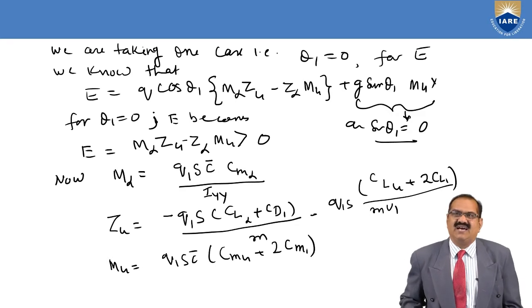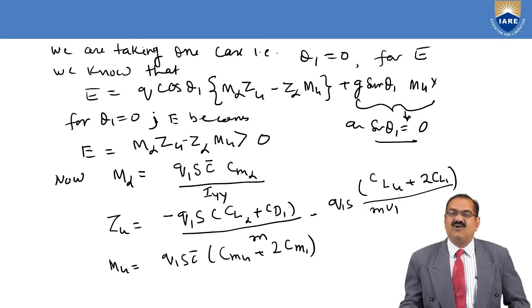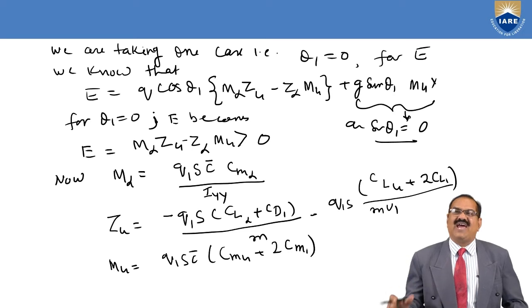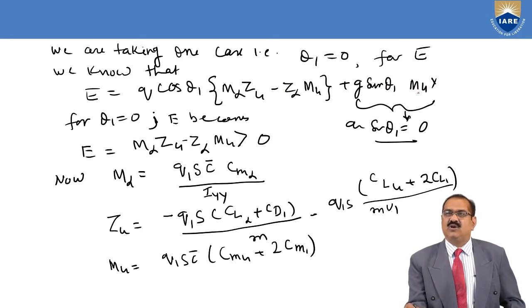We are taking the one case where theta 1 is equal to 0. Theta 1 equal to 0 means there is no pitching; it is a steady state cruise flight. For E, we know that E is equal to Q cos theta 1 times M alpha Z u minus Z alpha M u plus g sin theta 1 M u. Here theta 1 is equal to 0, so this term will be eliminated.